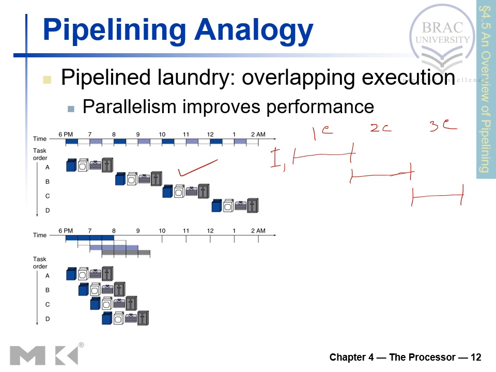So this one is instruction 1, and then we have instruction 2, and then instruction 3, and so on. What this means is that once instruction 1 is over, only then can instruction 2 execute, and once instruction 2 is over, only then can instruction 3 execute.